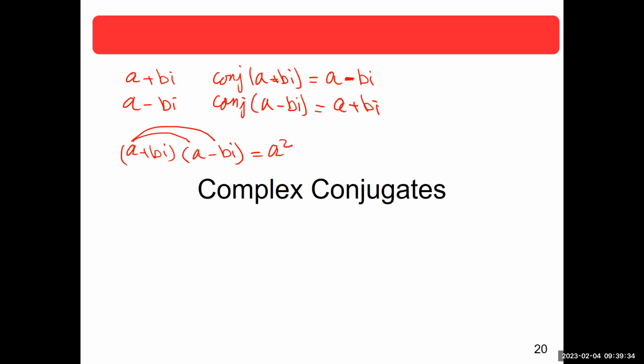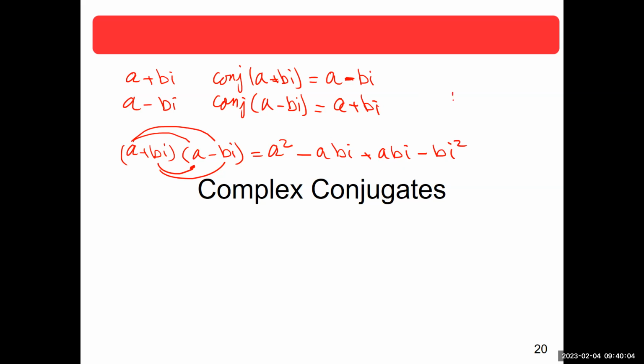A times negative bi is negative abi. Then we go to the bi. Bi times a is positive abi. Now, multiply bi by negative bi, you get negative b i squared.